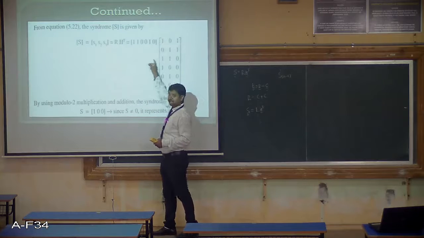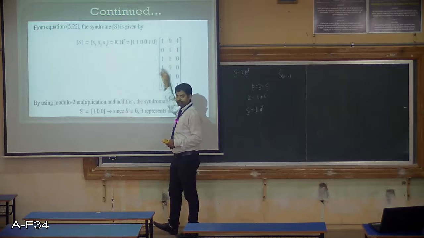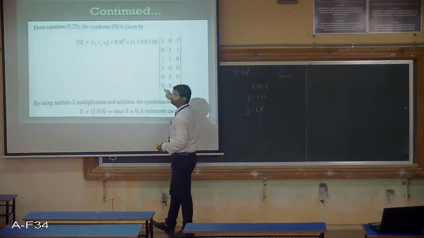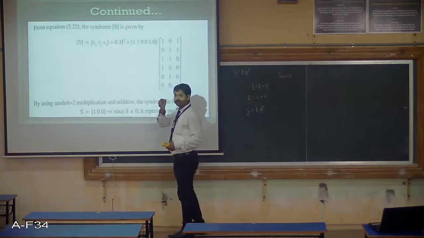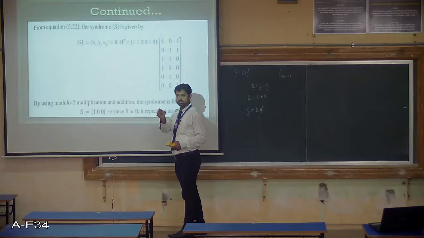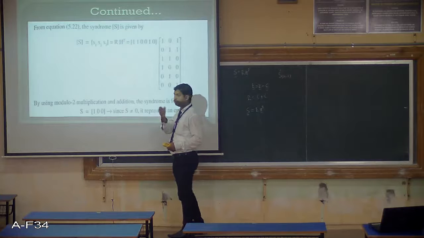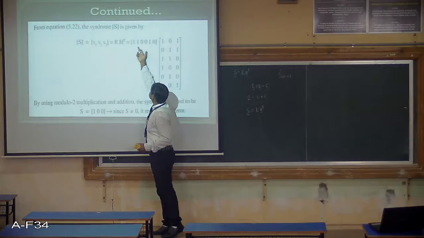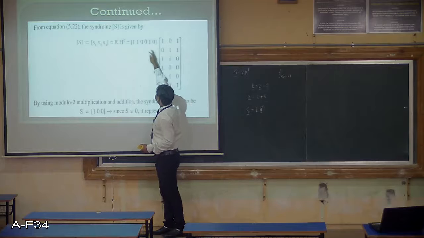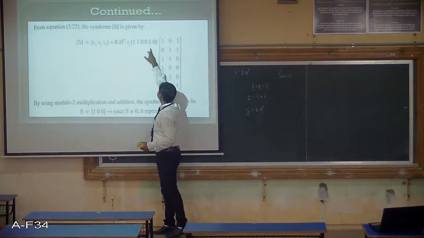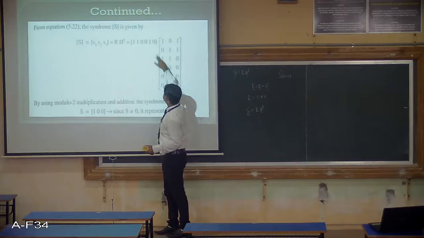If you multiply this row into column, you know this matrix multiplication. The first row, this column. Take care that you should always do the bit by bit logical addition, XOR operation, mod 2. So 1 into 1 is 1, plus 1 into 0 is 0, just leave it. 0 into 1, 0, 0 into 1, 0, 1 into 1, 0, 0, 0 into 0, 0.